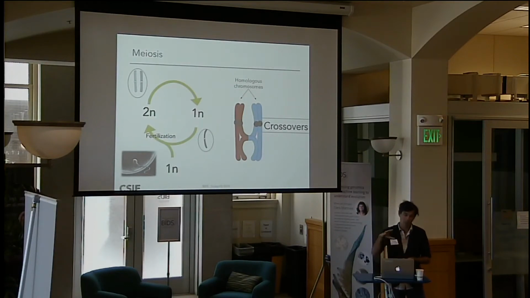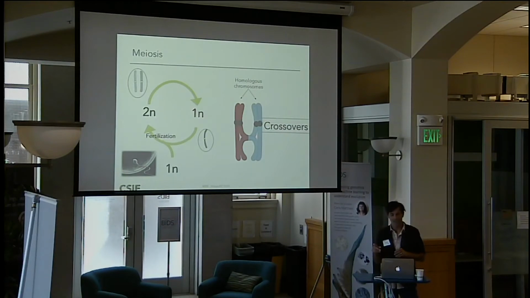The idea of meiosis is to go from a diploid cell, where you have two sets of chromosomes, to a gamete where you have only one set of chromosomes. During that process, you have something called homologous chromosome recombination, where the chromosomes cross over each other. That's what you can see in the image on the left.